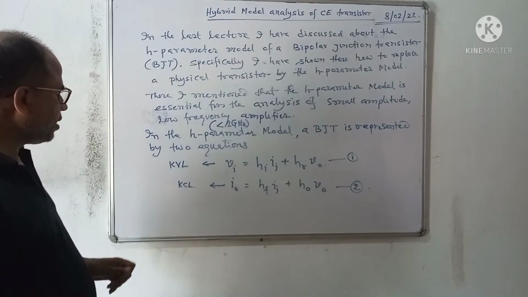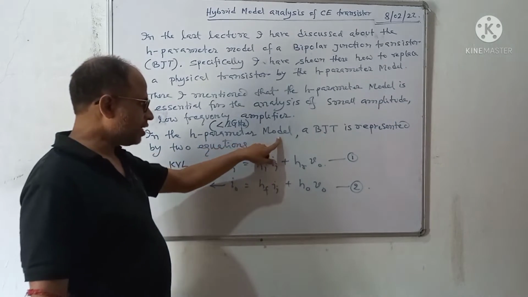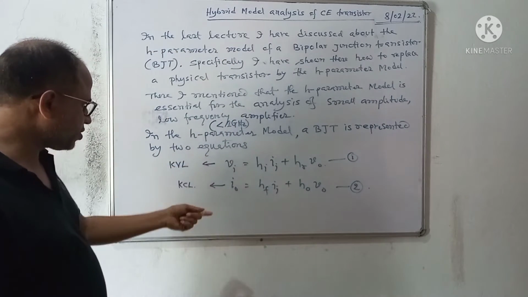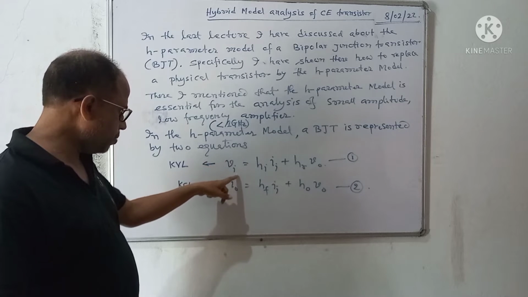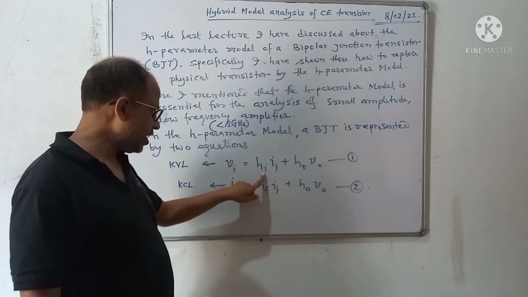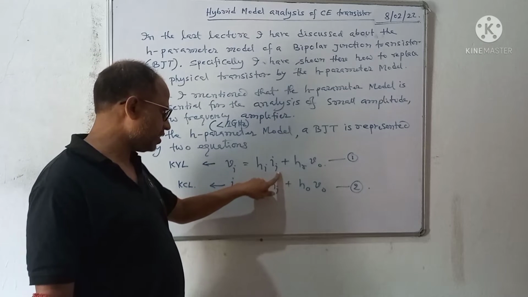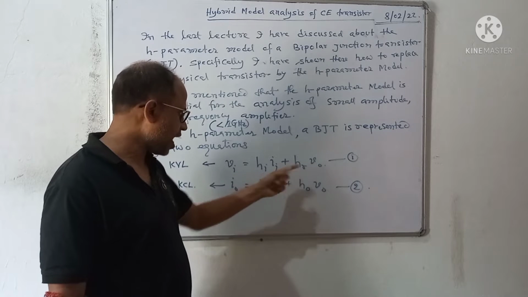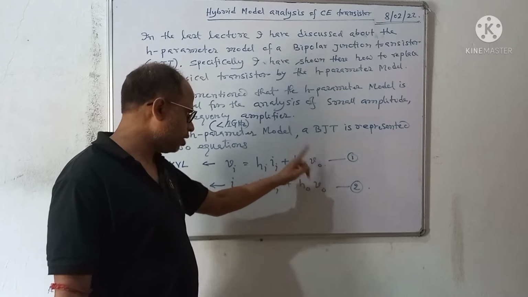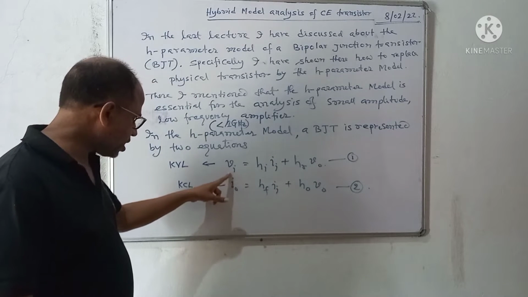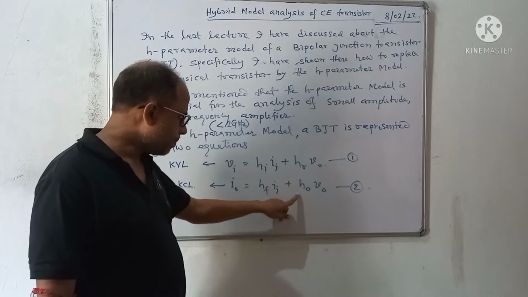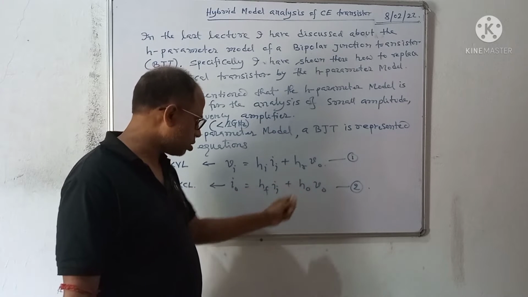In the H parameter model, a BJT is represented by two equations. The input voltage to the transistor equals HI times II plus HR times V0, where II is the input current and V0 is the output voltage, and the output current equals HF times II plus HO times V0.